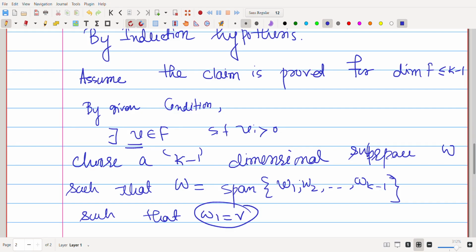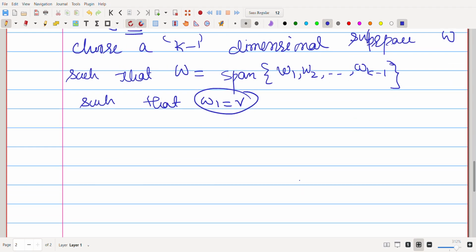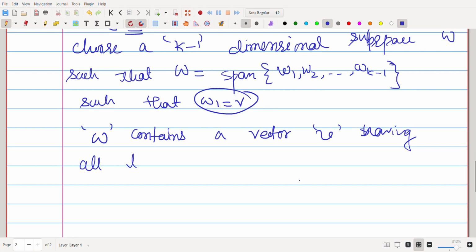Then W is a k minus 1 dimensional subspace, and W contains a vector v having all components positive.